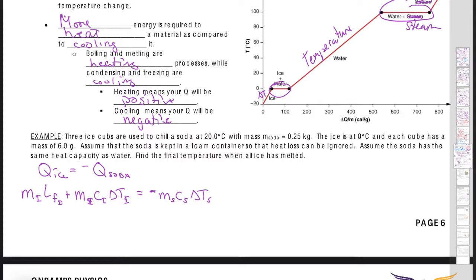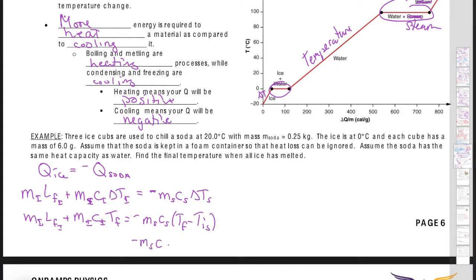Okay. Now the ice side is pretty easy because the initial temperature of ice is 0. So in my equation, that's just going to be my final temperature. But on my soda side, I've got to expand out to be my TF minus TIS. Okay. Do the same thing like I did before.